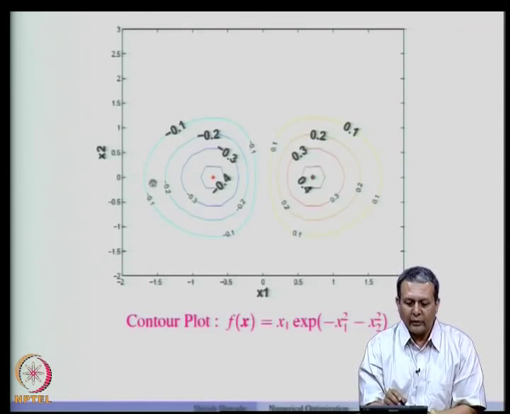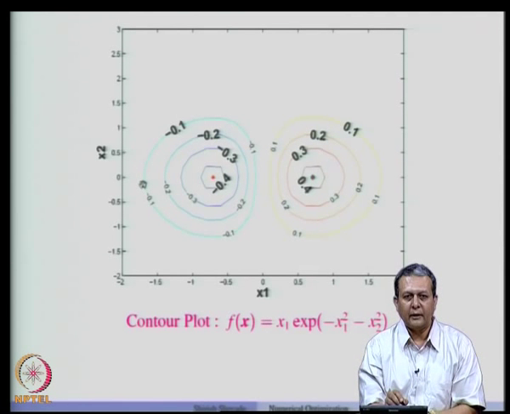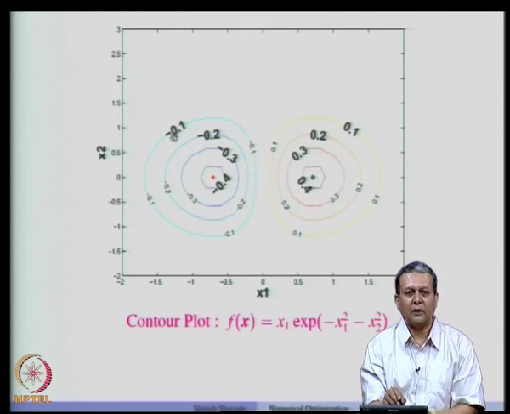Now, let us take a point here. If we look at this direction, you will see that the value of the function keeps on decreasing. The value of the function on the different contours is shown here. On this contour plot, the value of the function is minus 0.1.